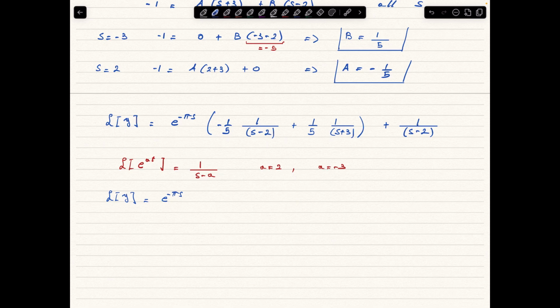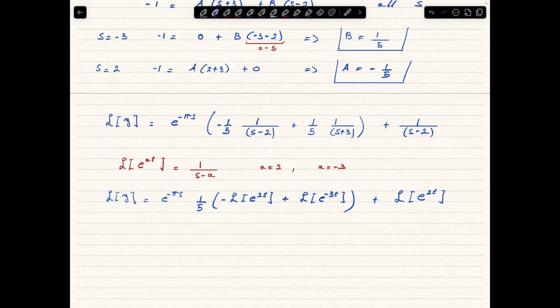The factor 1/5 we can take outside. Then we have the Laplace transform of e to the 2t with a negative sign, plus the Laplace transform of e to the -3t. And recall we had here already the Laplace transform of e to the 2t.